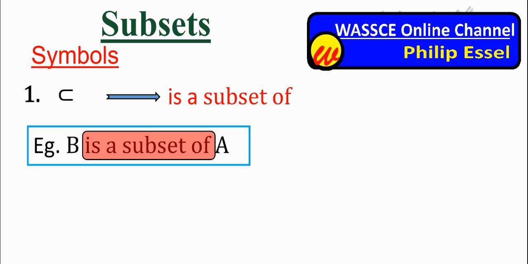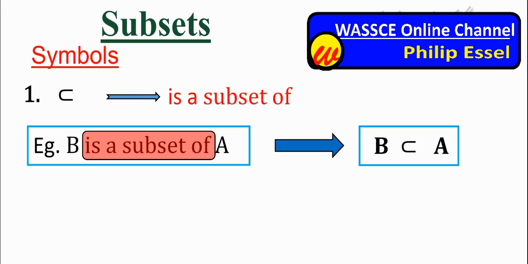So, B is a subset of A can be written this way. We have the B, then the subset symbol, followed by A, which will be read as B is a subset of A.